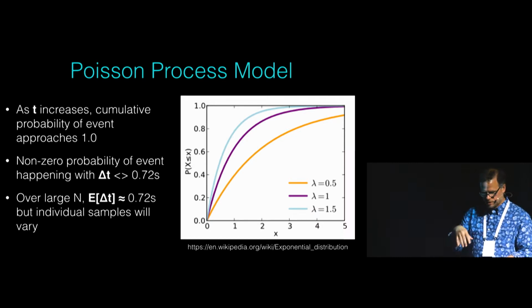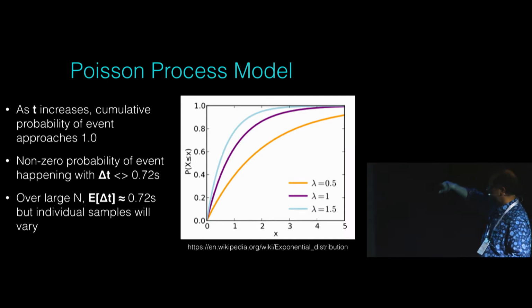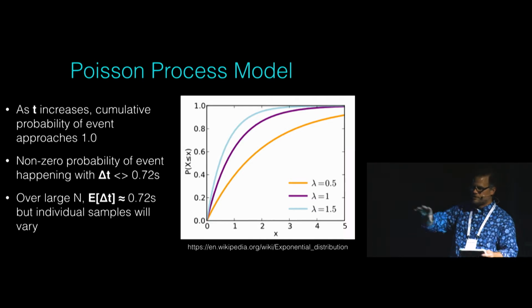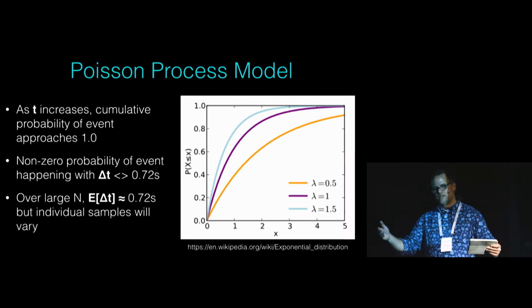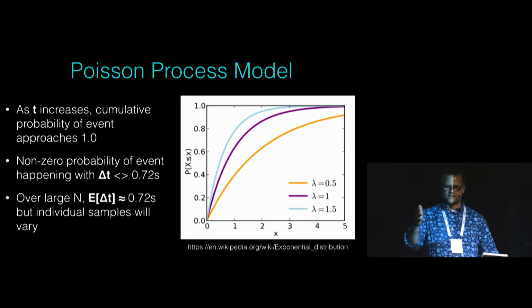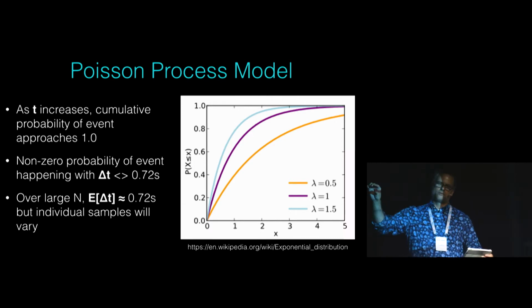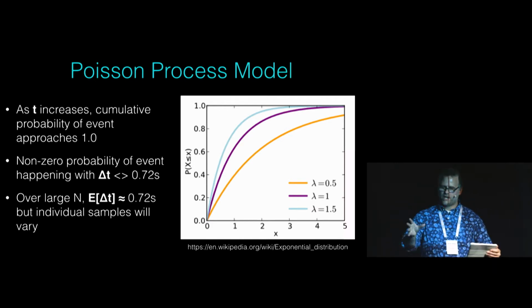So what can we do? Well, with a Poisson process, you start with nothing happening, and as time progresses, the cumulative probability of an event actually taking place increases. It never actually goes to 1, because there's always a possibility of something not happening.